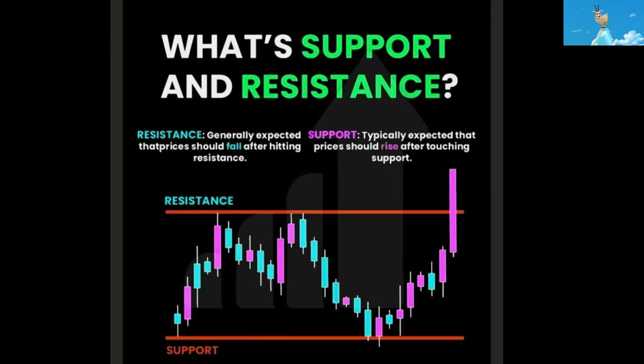I don't see enough answers in the chat. For me to continue, I need to know y'all before I go forward. If you made money from using support and resistance or key levels in trading, please let the people who haven't know so that they can see how important this is to trading. And if you are looking forward to learning how to do this, let me know in the chat.